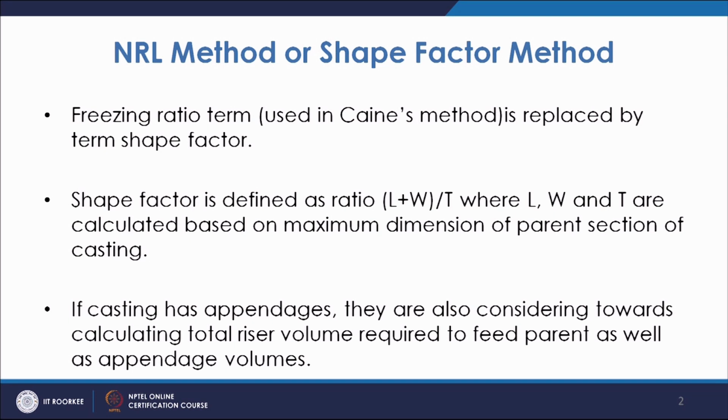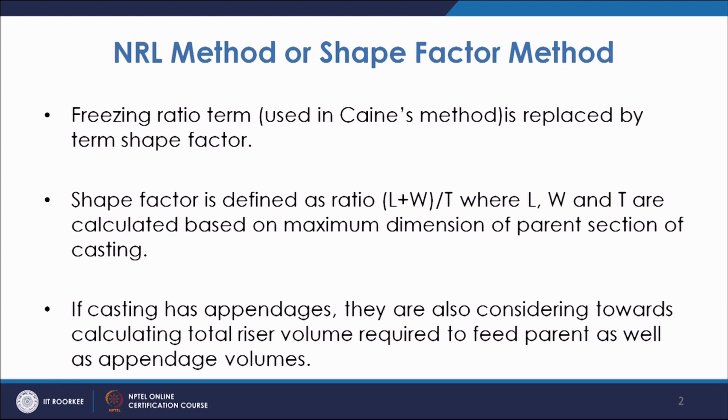Now, L plus W by T: T is the thickness and L plus W is length plus width. If the thickness is larger, it will be a chunky casting. If the thickness is smaller, its freezing characteristics will change.